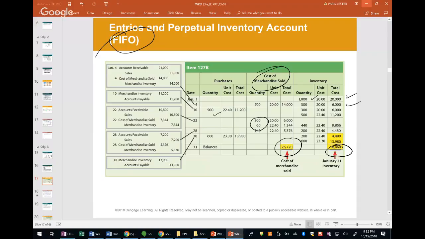No, that's FIFO. Right. Now, the last 500 we bought, we'd sell 360, and the cost would be $22.40. That's LIFO. It's got a handle on FIFO, but probably to show you.